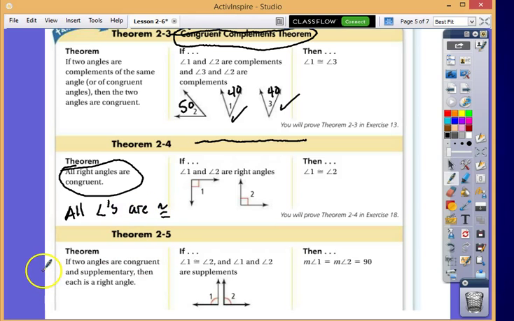There's some good abbreviation. Not really abbreviation so much as I use symbols to represent words. But isn't that really what abbreviation is? All right, so angle 1 and angle 2 are right angles. All right angles are congruent. Therefore, I know angle 1 is congruent to angle 2. On the front of your note card, all right angles are congruent. On the back, put the if-then.